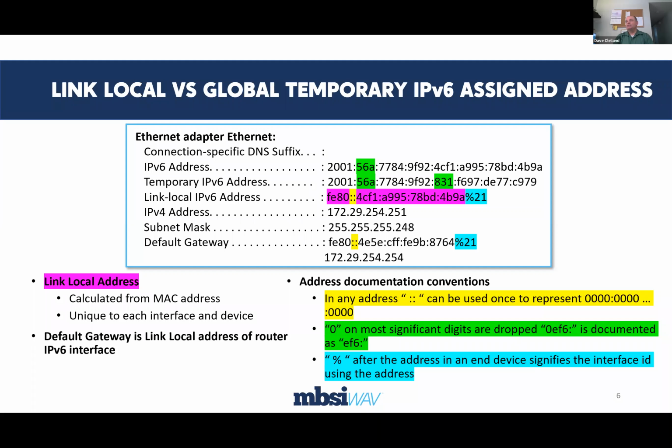Then I have an IP version 4 address and an IP version 4 subnet mask. You can see it's a .248 subnet mask or /28. And then I have my default gateway, which is the link local address there of my router interface that is facing my Surface.